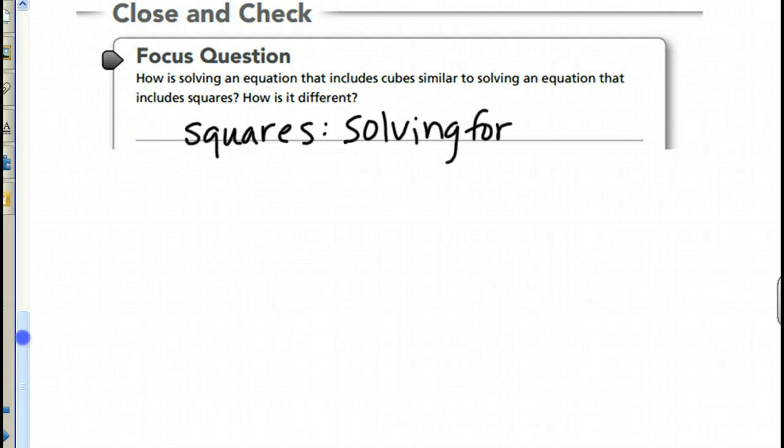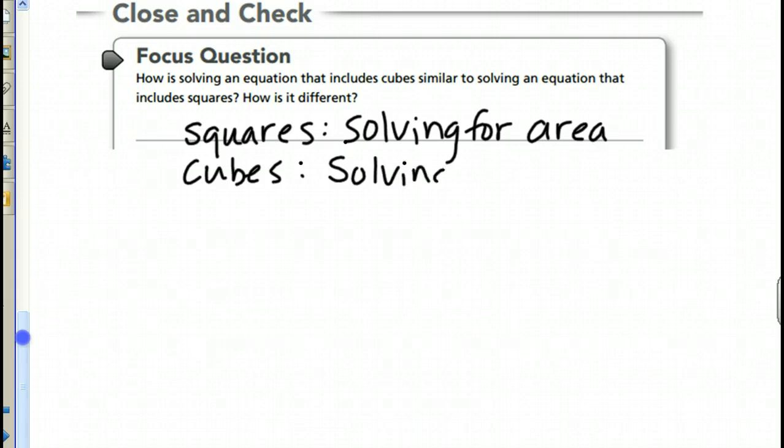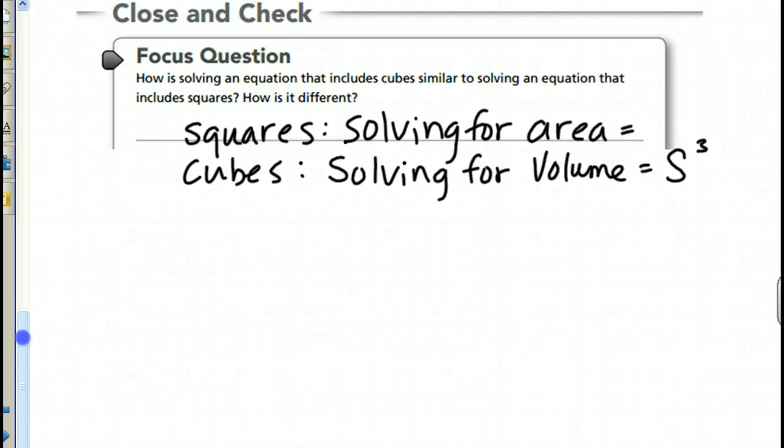Solving for area. For cubes, you're solving for volume. And if you want to remember, volume equals side cubed, area equals side squared.